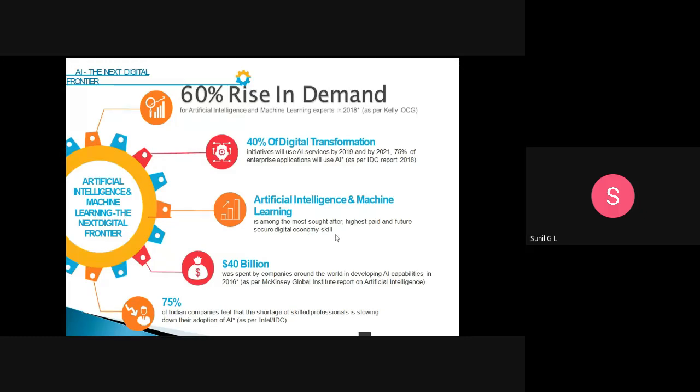The salary paid for artificial intelligence and machine learning engineers is huge, because very few skilled persons are there in artificial intelligence.